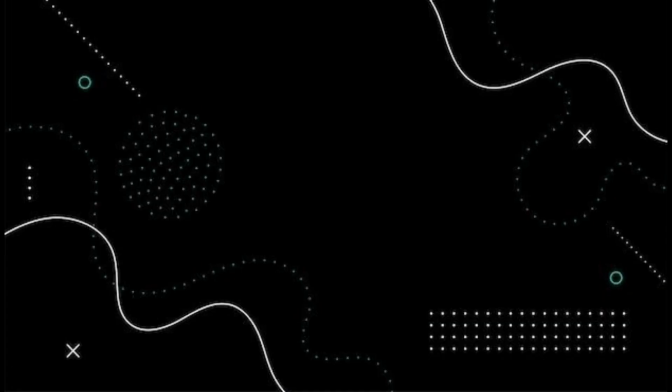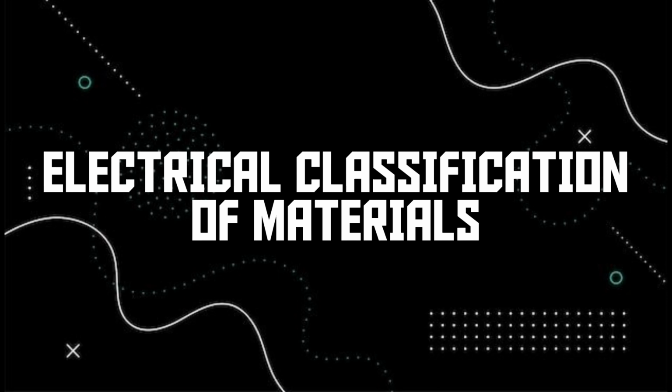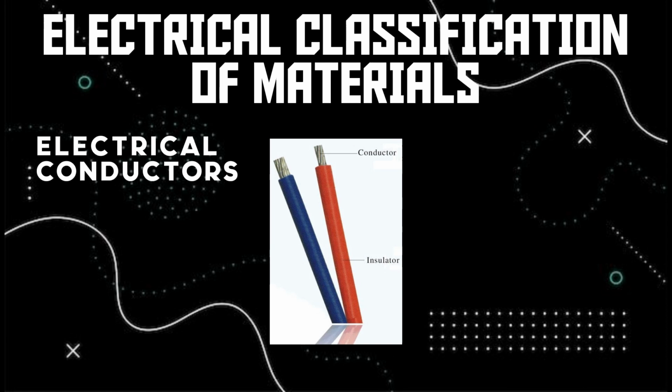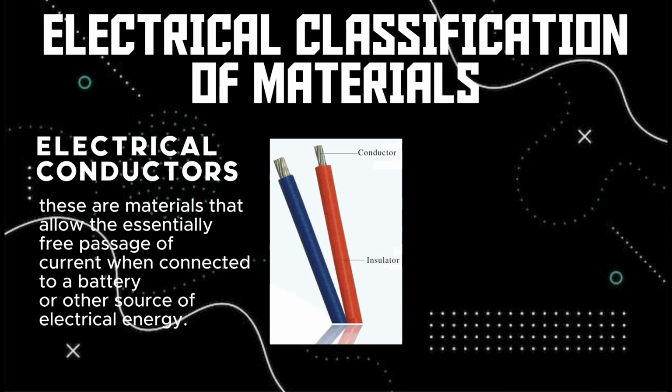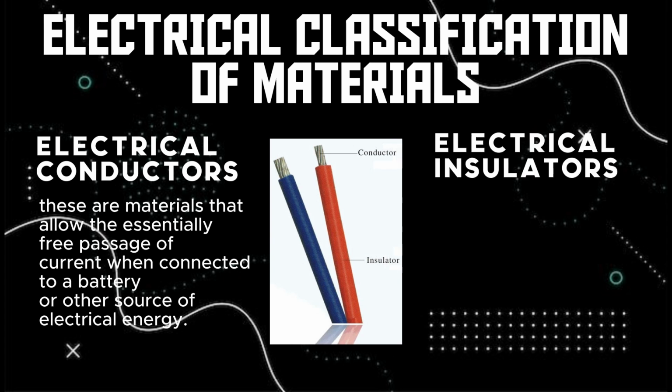Let's move on to electrical classification of materials. First, electrical conductors. These are materials that allow the essentially free passage of current when connected to a battery or other source of electrical energy. Electrical insulators.